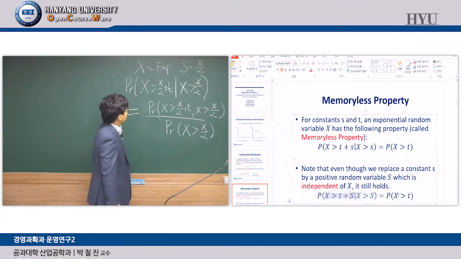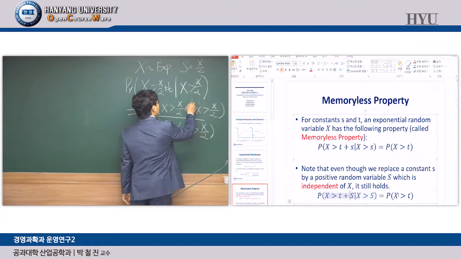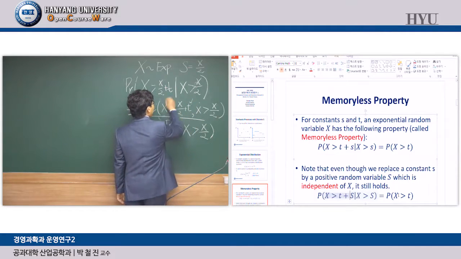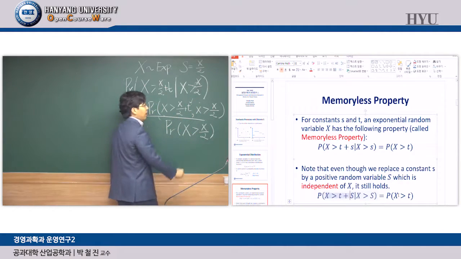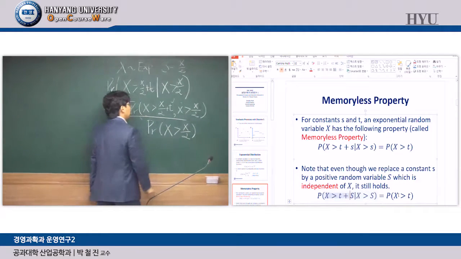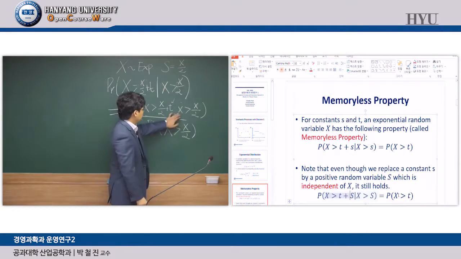And we can see that this t is a positive value, so this event can be included in the event on the right part.